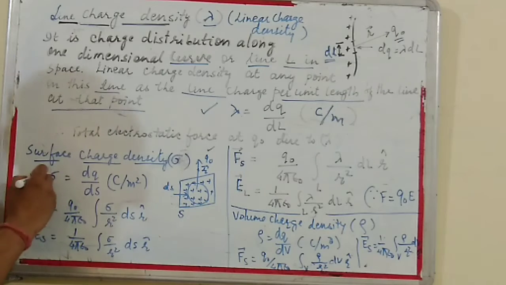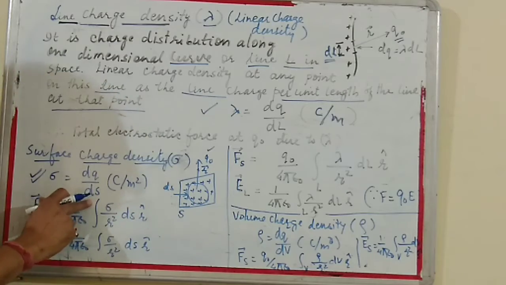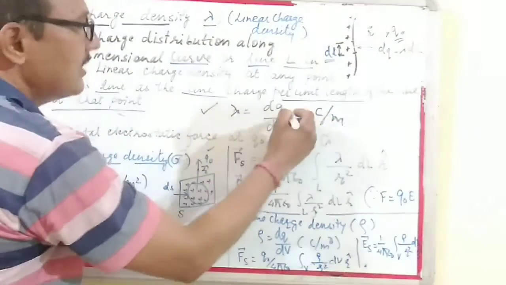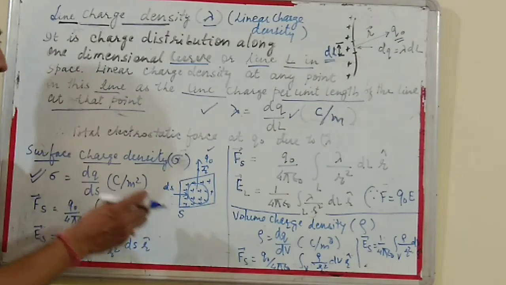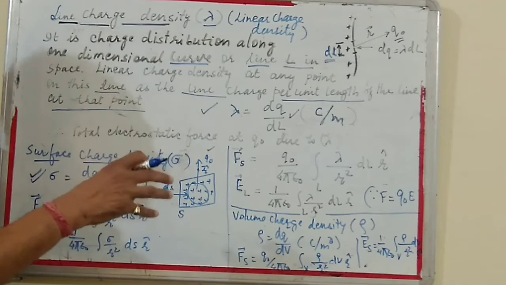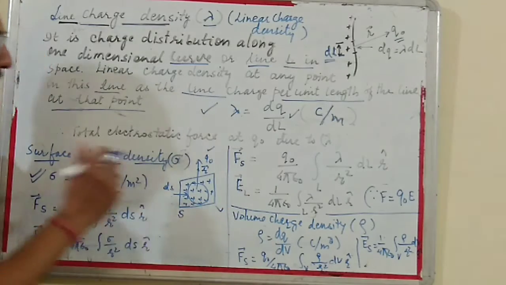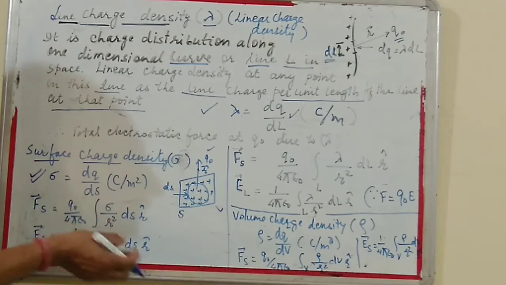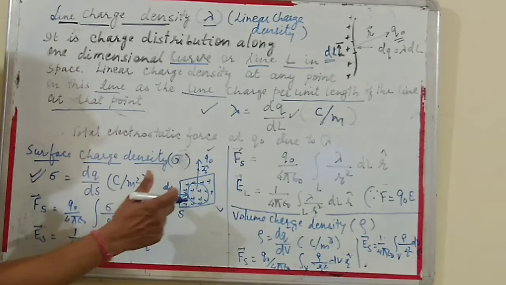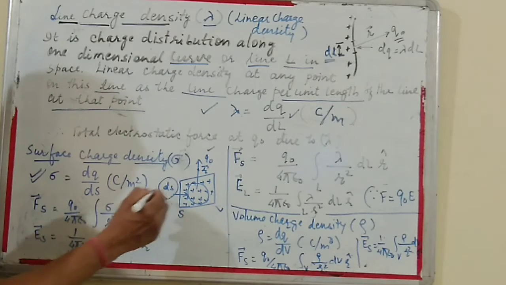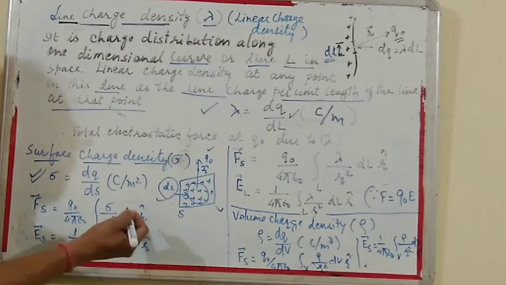In mathematical terms, sigma equals dq by ds. Here, in place of dl, which was in the line charge density, ds comes in. ds means the small surface area of the charge distribution that we have chosen from the charge distributed area. Due to this small charge distribution area, the electrostatic force on q naught can be given in the same manner.